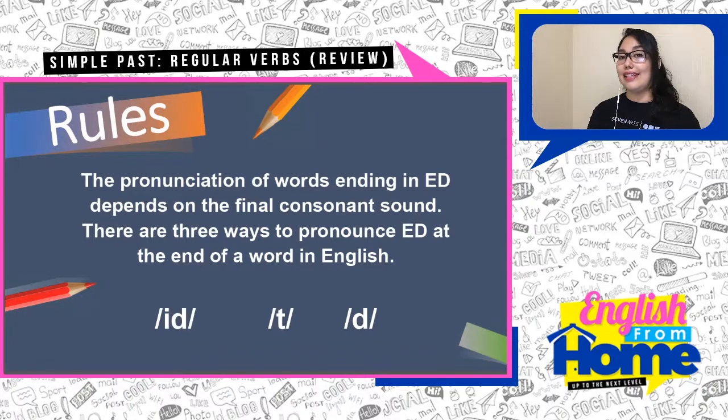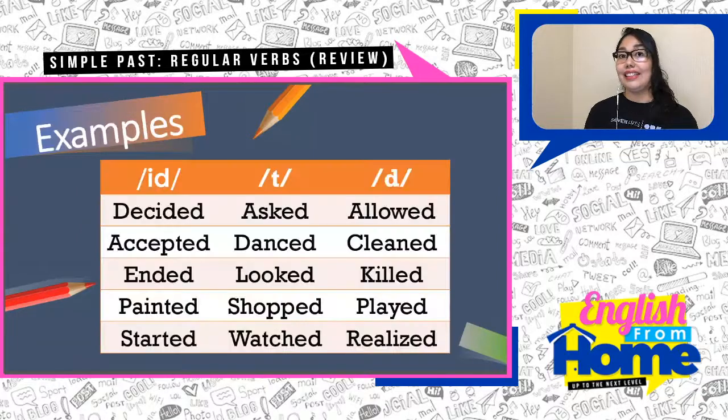In the past tense, decide is decided. So the final sound of the word is D. In the past tense it is going to be id. Okay, so accept, the past tense is accepted. End, ended. Paint, painted. Start, started.